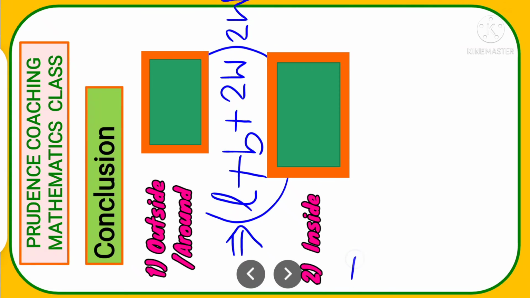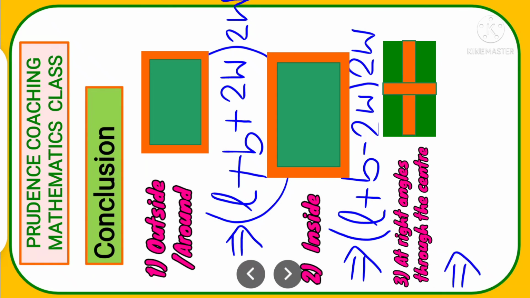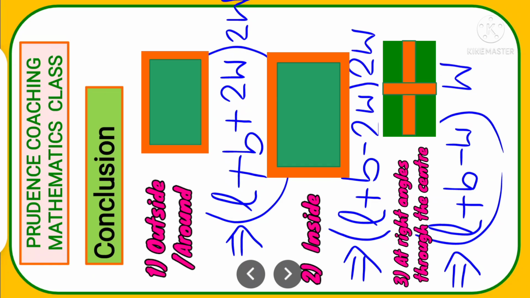If the path is inside the garden, then it will be L plus B minus 2W, whole multiplied by 2W. If the path is a crossroad at right angle through the center of the rectangle, then it will be L plus B minus W, whole multiplied by W.